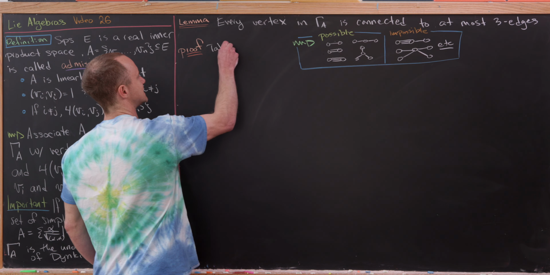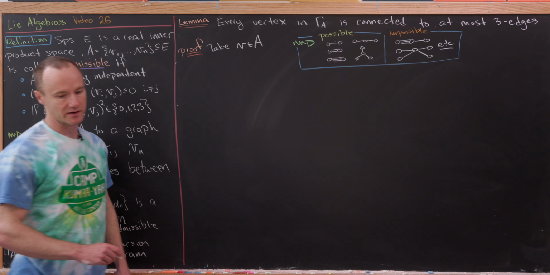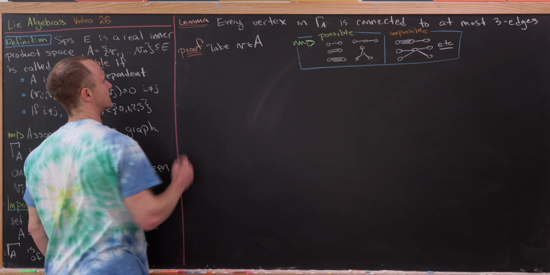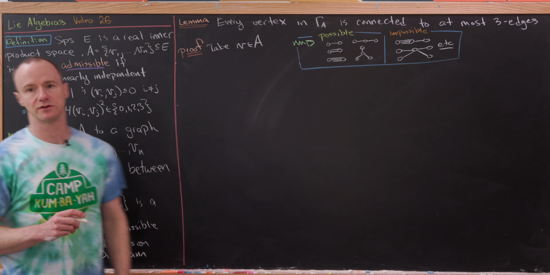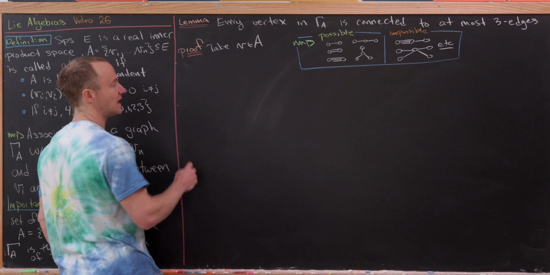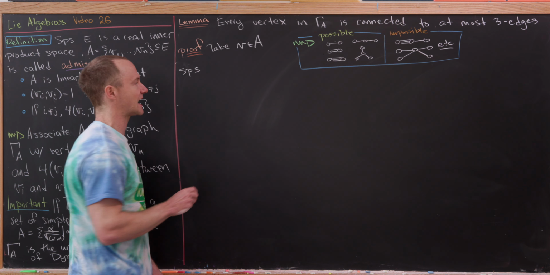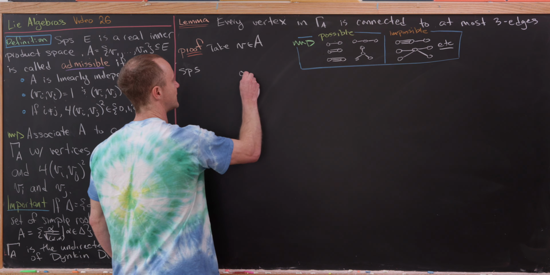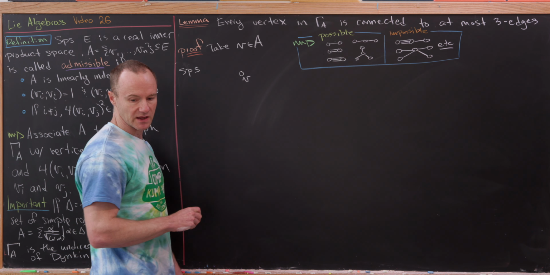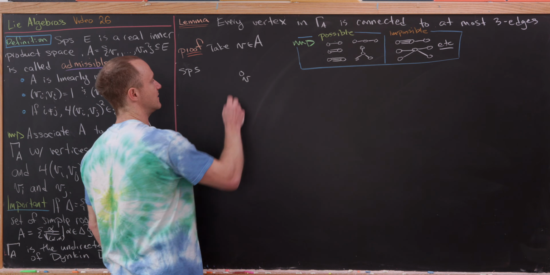So let's take an element V inside of our admissible set, and let's say that V is a unit vector. Oh, I guess we know that V is a unit vector just by this fact over here. And then let's suppose we have the following connection picture of things with V. So I'll write V right there, and let's say that it's connected like this.